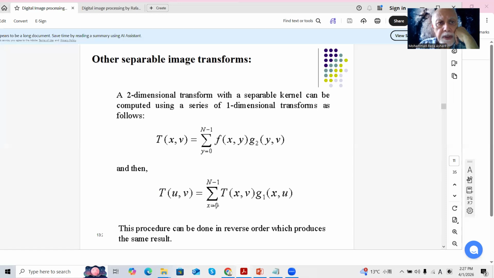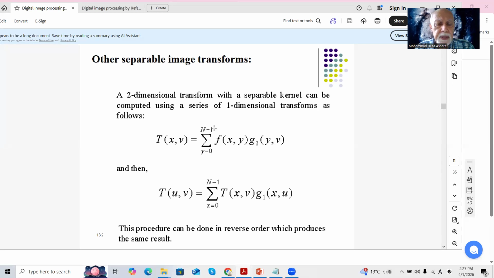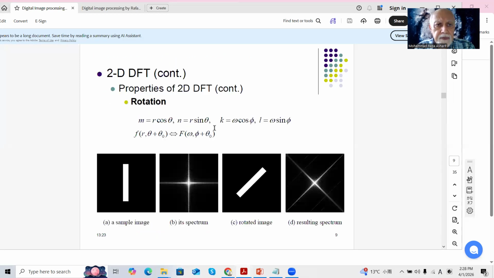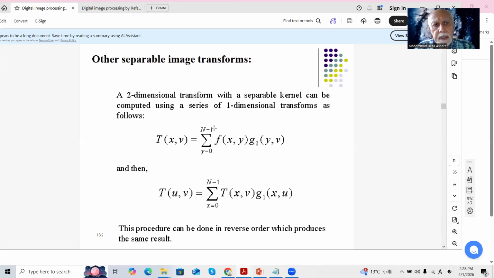Yes, other separable transforms like Walsh or Hadamard transform or slant transform, and especially the eigenvalue transform, are very important for compression of images and also for detecting the shape of the image, detecting the contents of the image, what the contents are. But we do not go there, just stop here. In this, I stop here and thank you very much.